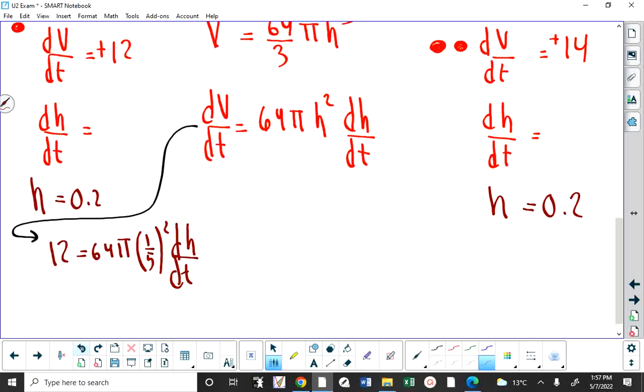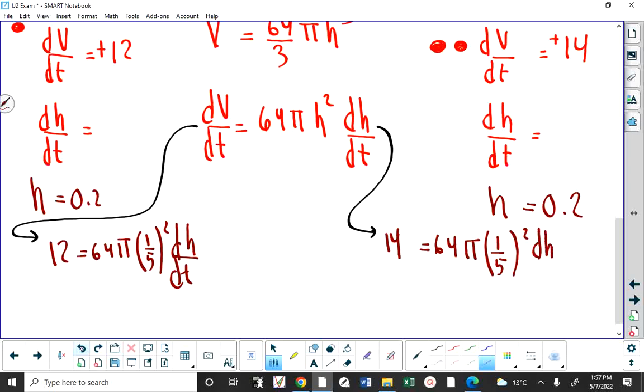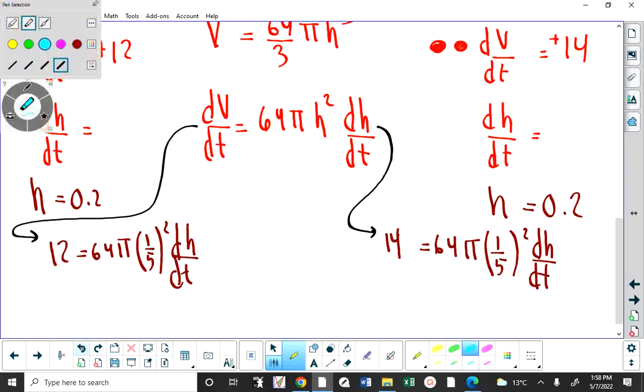If I do version 2, I have dV/dt, which is 14, equals 64 pi times h squared. h is 1/5. That's what 0.2 is. dh/dt. And in either case, I'm not going to rearrange this for you. In either case, you are going to rearrange the resulting equation for dh/dt and be done with it.